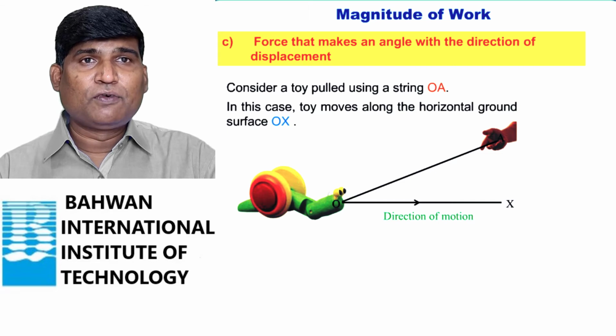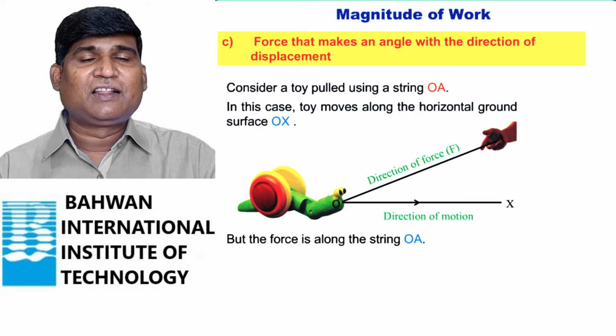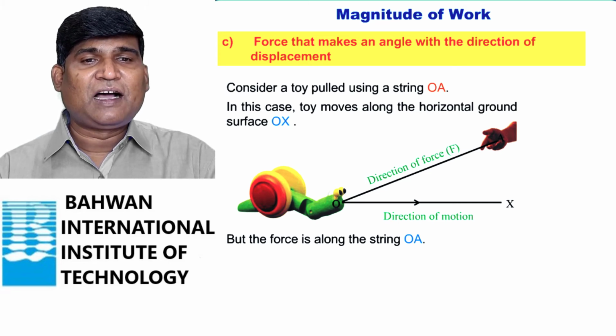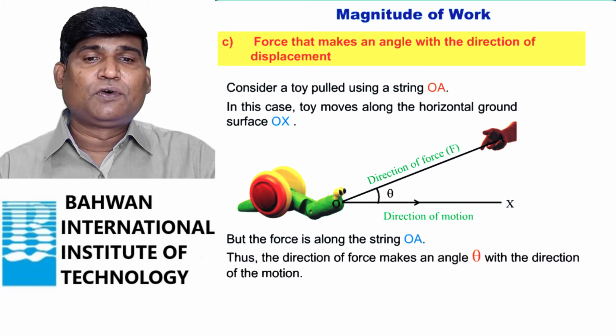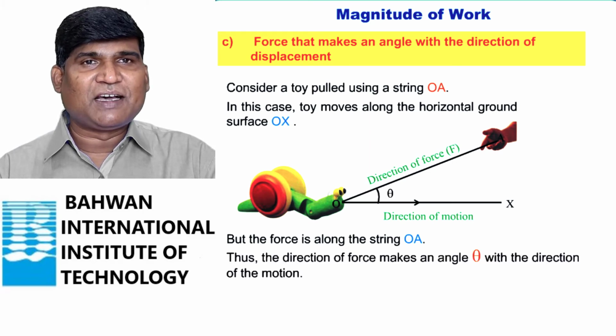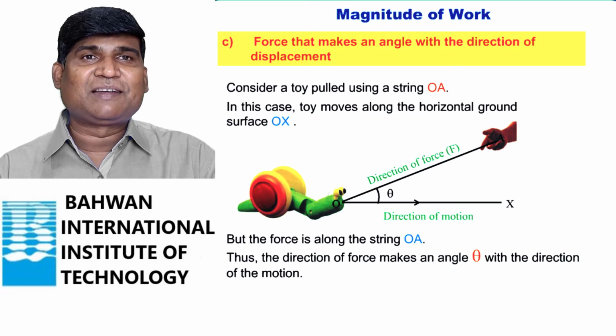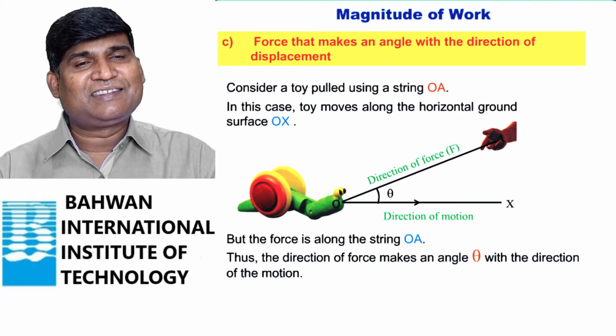But am I applying force along OX? No, I am not applying force along OX. The direction of force is along OA. You are able to see here, I am applying force along OA. So in this, force and displacement are not in the same direction. Let us assume there is some angle between the applied force and the displacement of the toy. Let that angle be theta.